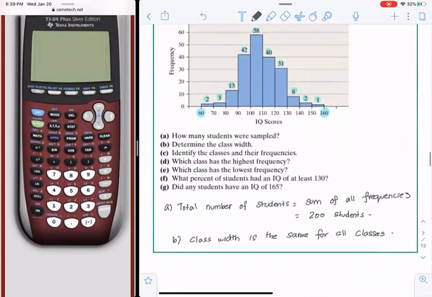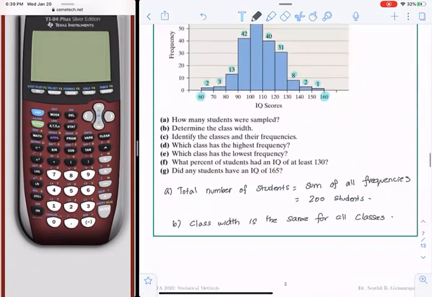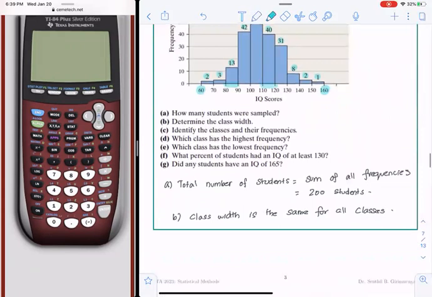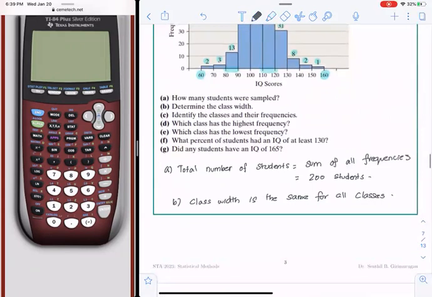So we just have to pick one class. Let's see. The width between 80 and 90 is 10, 110 and 120 is 10. So the width is simply 10. So each bar has a width of 10.